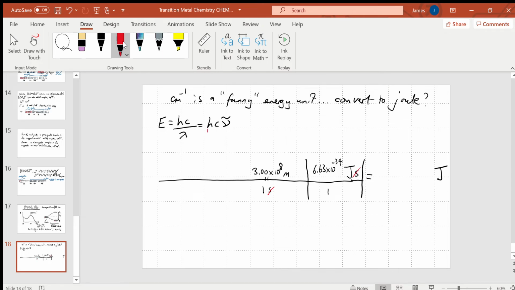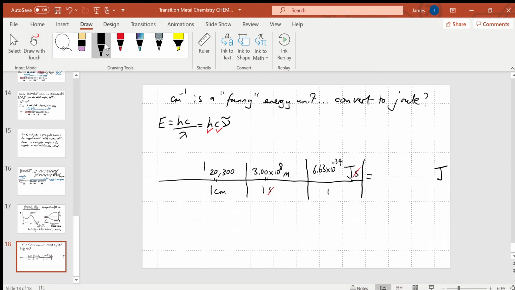Alright, so I've used Planck's constant, I've used the speed of light. Now for the wave number itself. The wave number is 20,300, that was the maximum absorption, and that was a number equal to 1 centimeter.